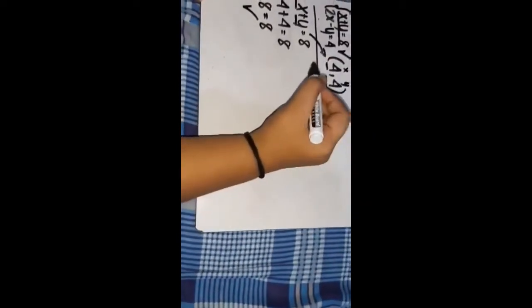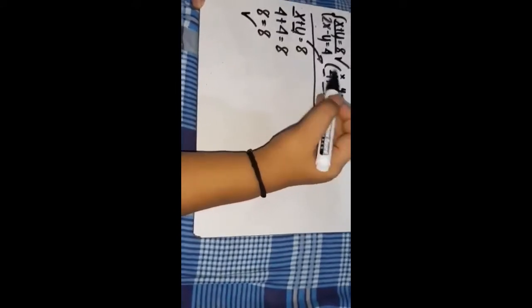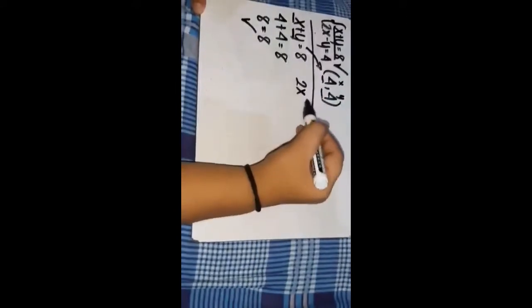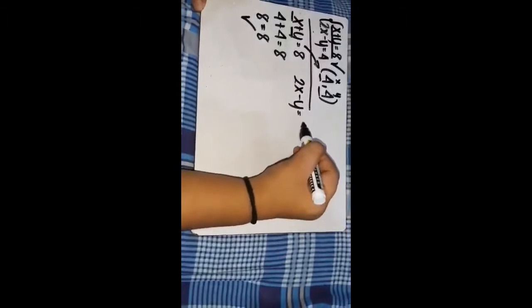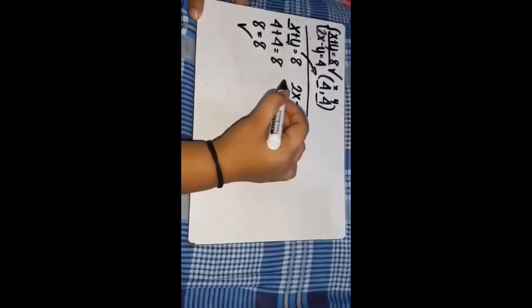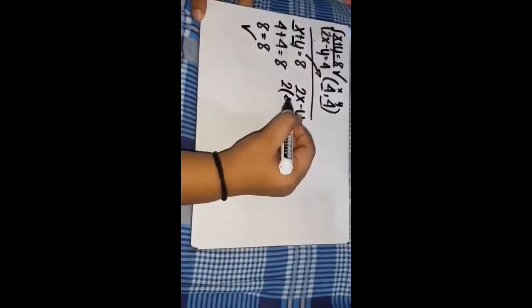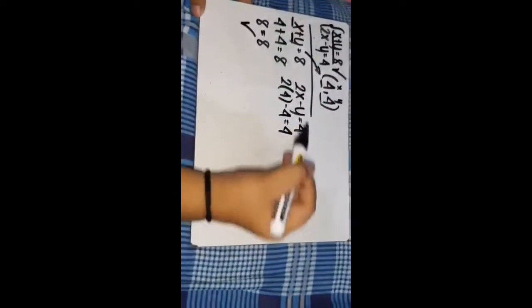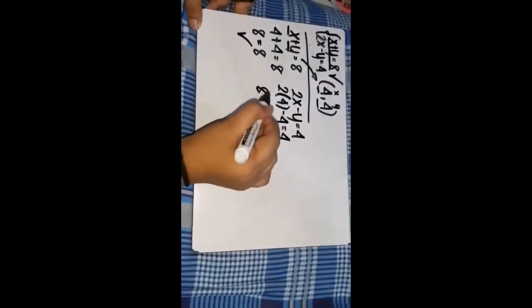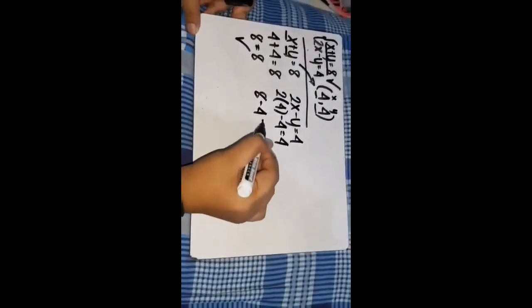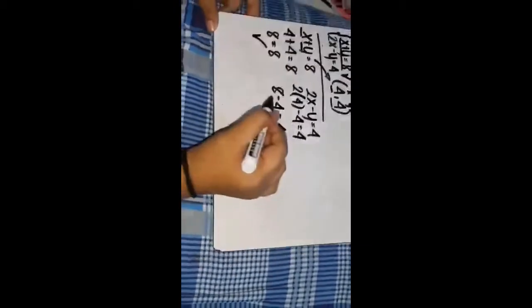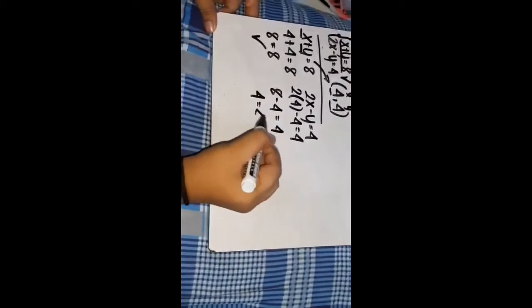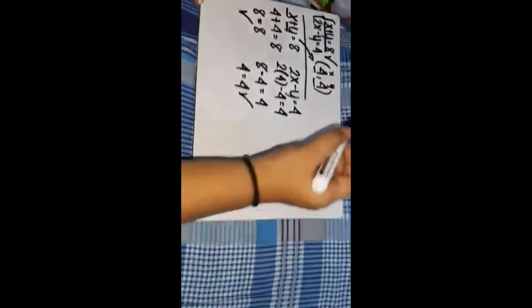Let's do the second equation, which is the one under. 2x minus y is equal to 4. 2 times 4 minus 4 is equal to 4. 2 times 4 is 8, minus 4 is equal to 4, which means 4 is equal to 4, and that is true.